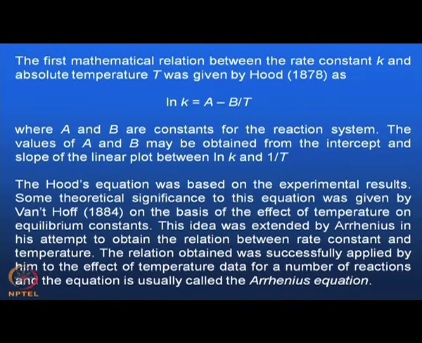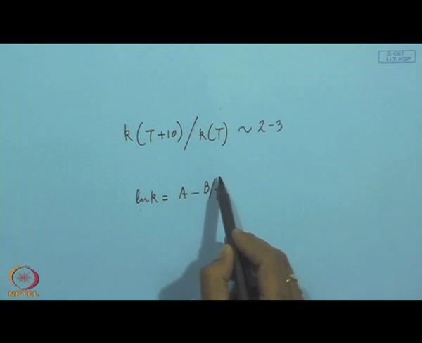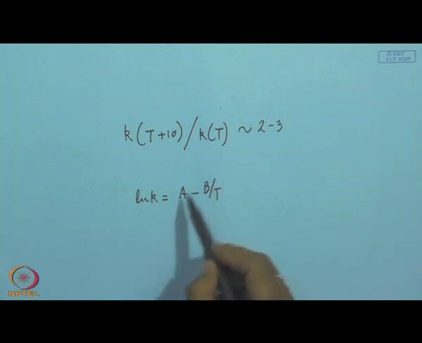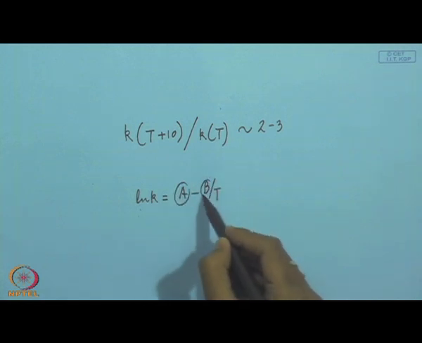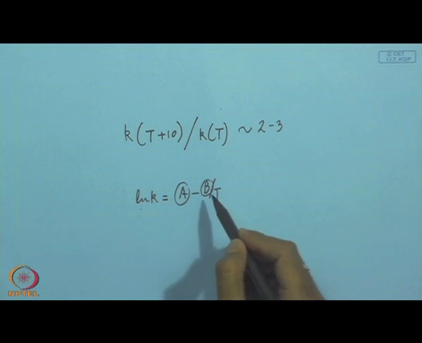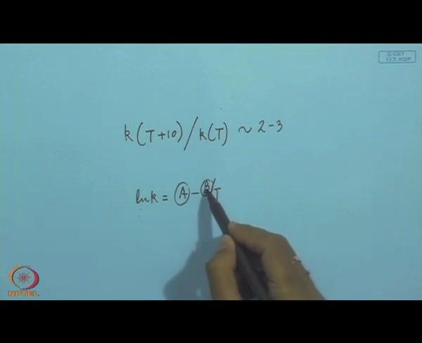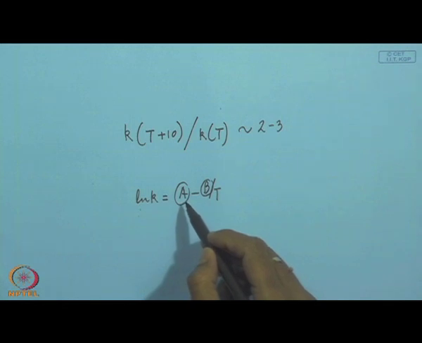This is before Arrhenius proposed his famous equation. A and B are constants for a reaction system, obtained by plotting ln k versus 1 upon T: from the slope you get B, and from the intercept you get A.